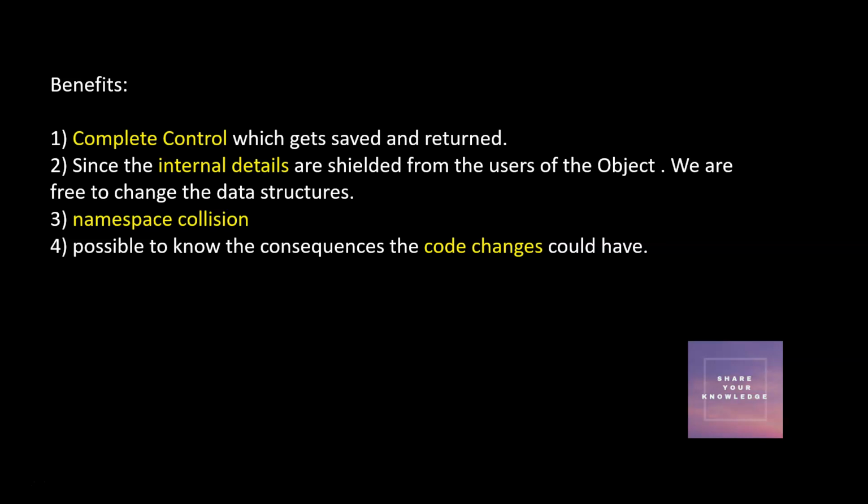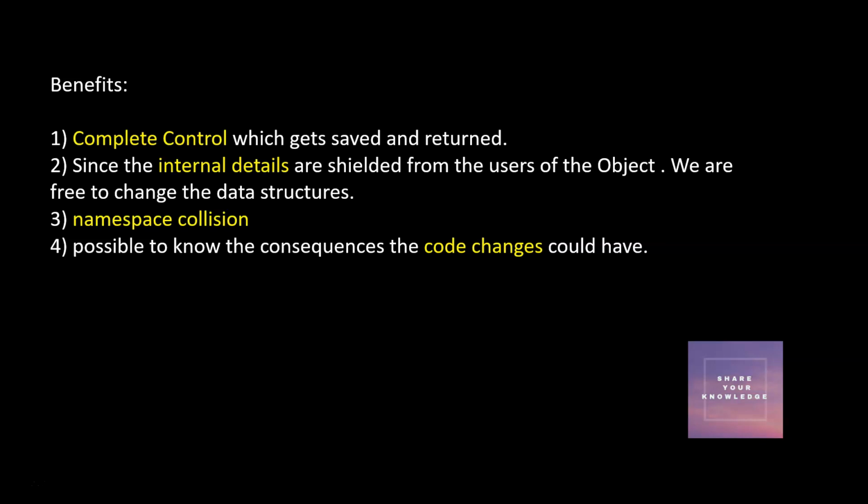And you know the consequences the code change may have. For instance, if someone changes the global variable outside and you have used the same thing inside, the code may break. But this is not the case when you use encapsulation, because it is completely shielded from the outer scope. Even if someone tries to give a special variable in the name and tries to set it, you know what will happen in your code because you have shielded that.